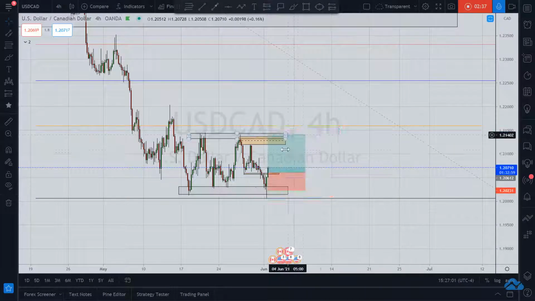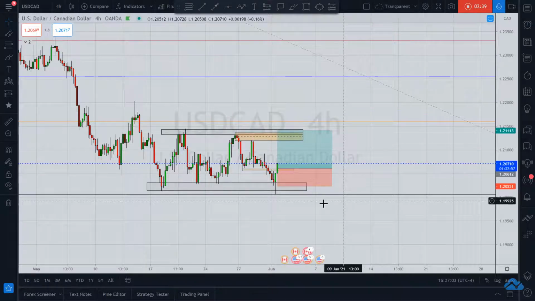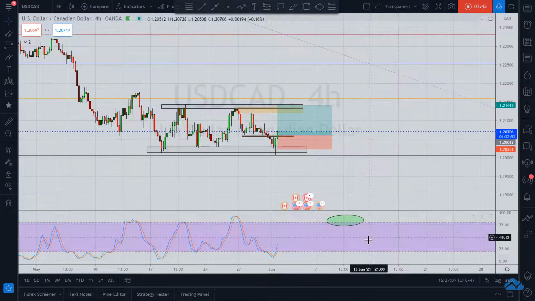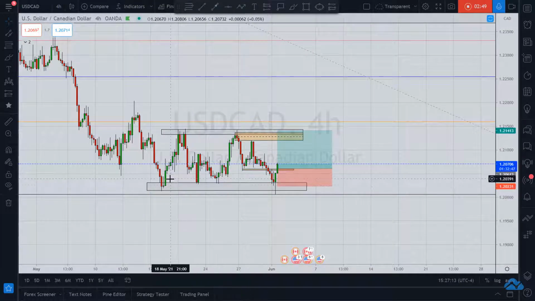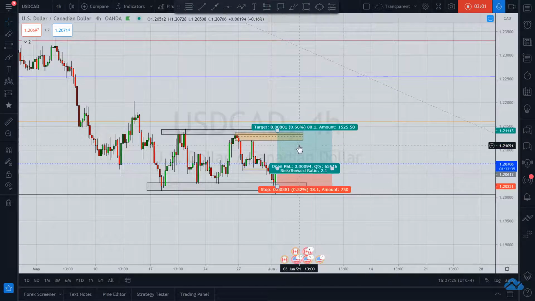Then I suggested they look at this one here, and I was saying it because look where the stochastic is. We are oversold here. We're at the bottom of this range, which it has failed to break. It's found support here. You see the top of the range here where it has tested multiple times, and we can take a bunch of trades.